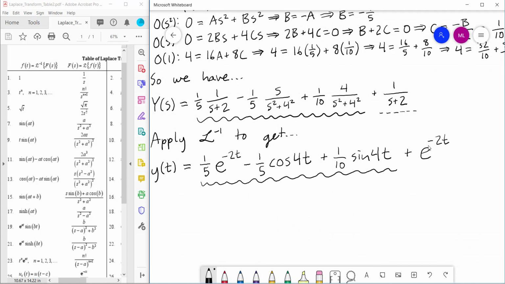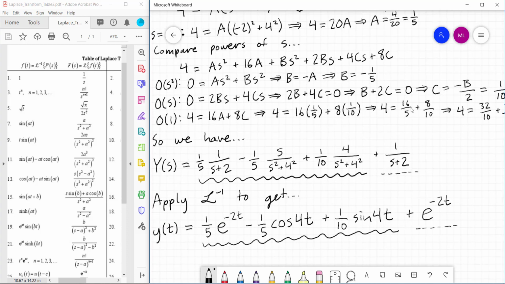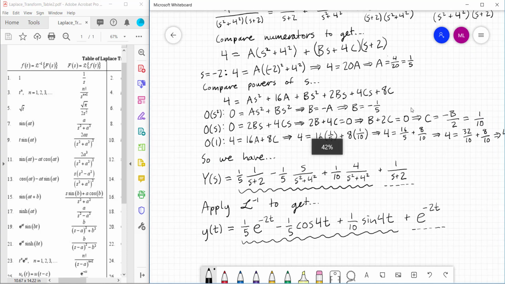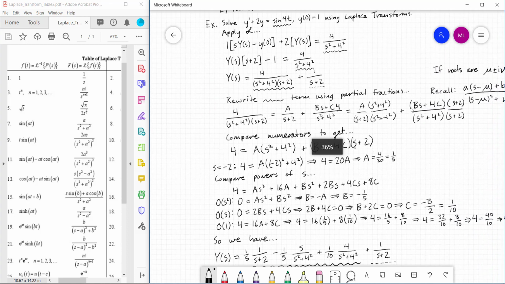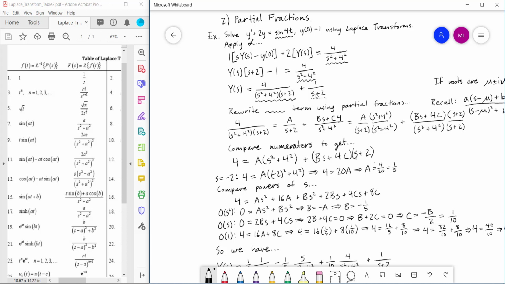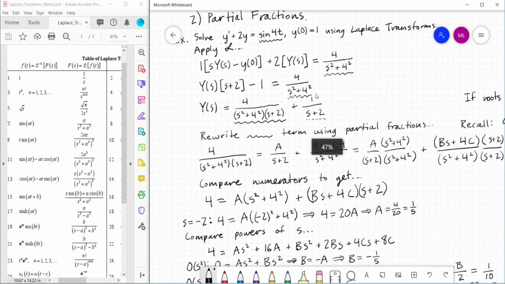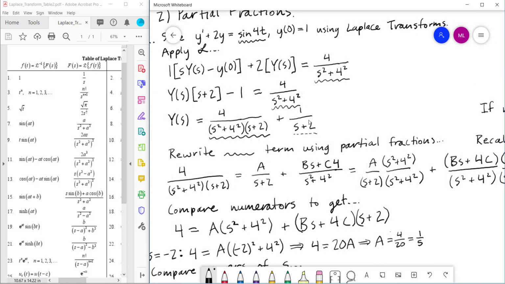What about this piece? Where did it come from? Well, this piece again corresponds to the piece above that I wrote with a little dashed underline. Where did that come from? So where's our 1 over s plus 2 come from? Well, here it is here. Where did this piece come from in the line above? Well, it showed up by taking this expression and moving the -1 over to the other side to become a +1.